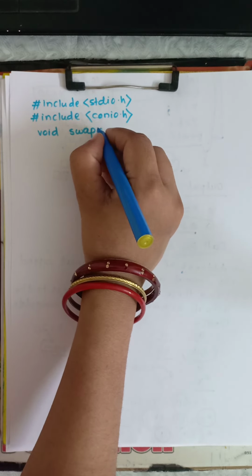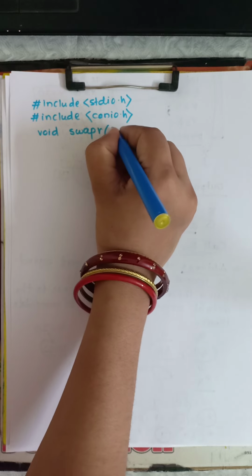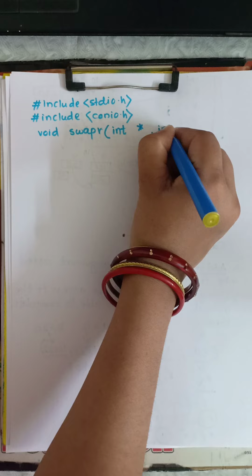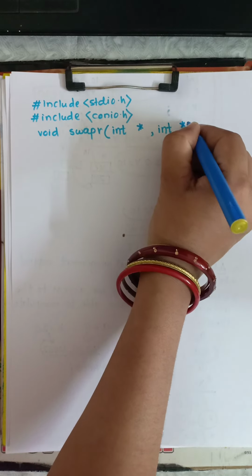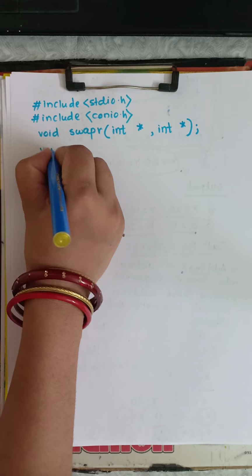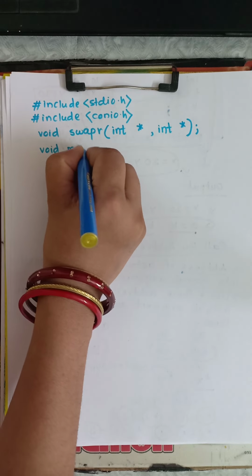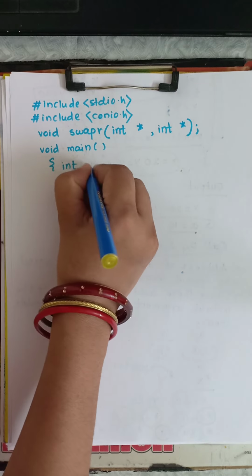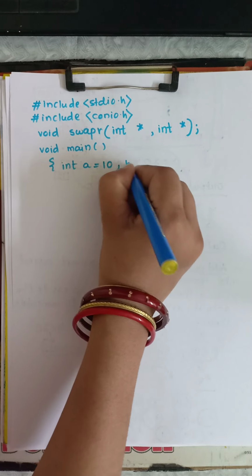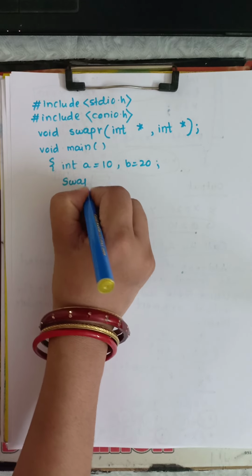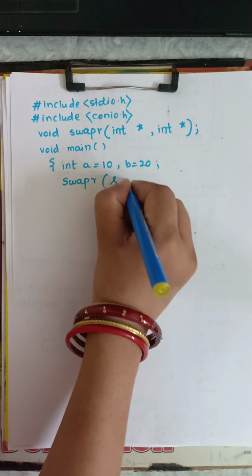Here you use the reference variable, so I write int asterisk x, int asterisk y. For pointers we use this type of values. Next I write void main, int a equals 10, b equals 20. Then I call swap with the address of a and b.